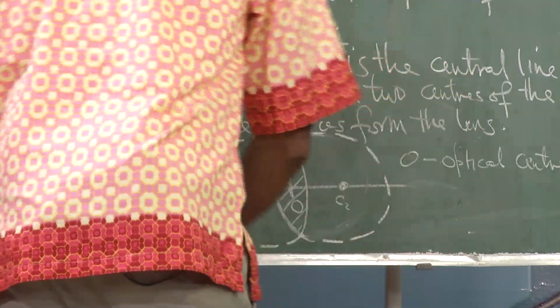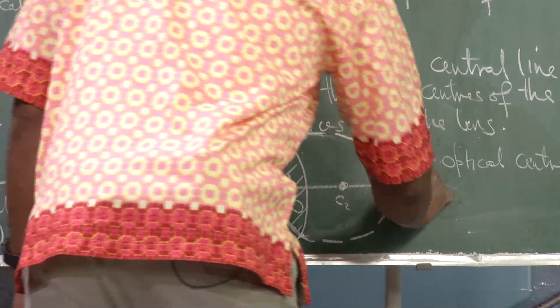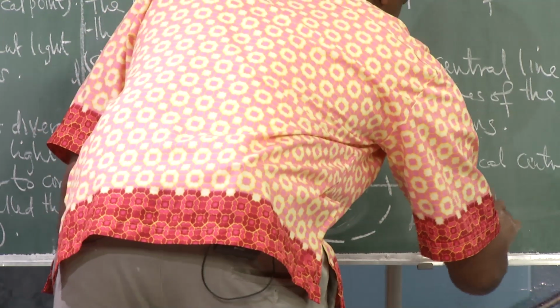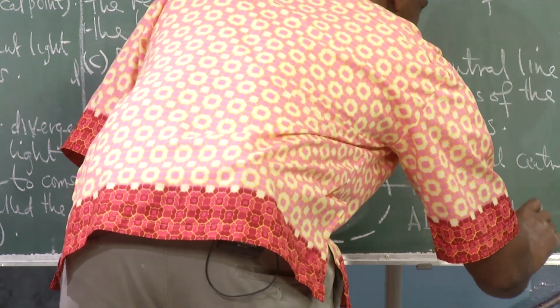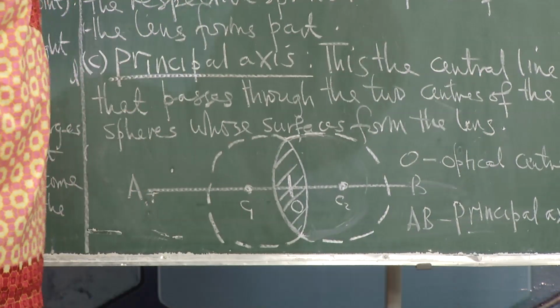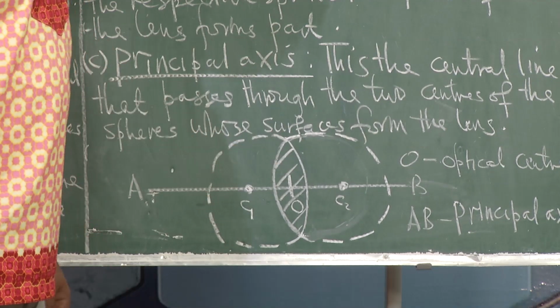If I call this line AB, the line AB is the one we are calling the principal axis. The shaded part is the one we have called the lens.